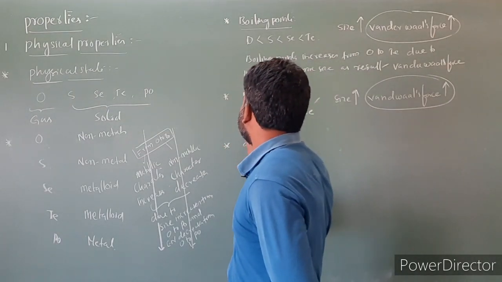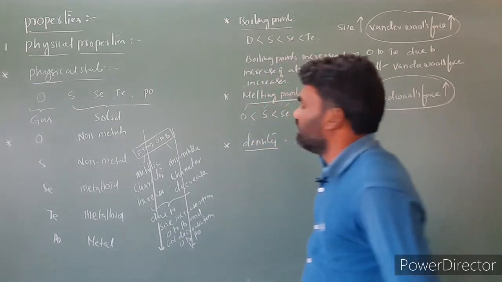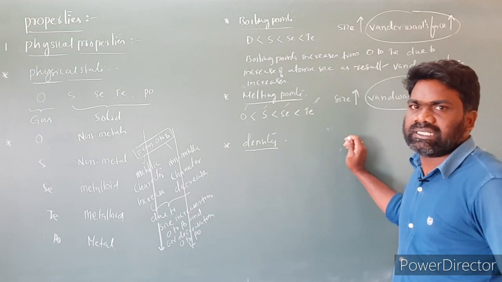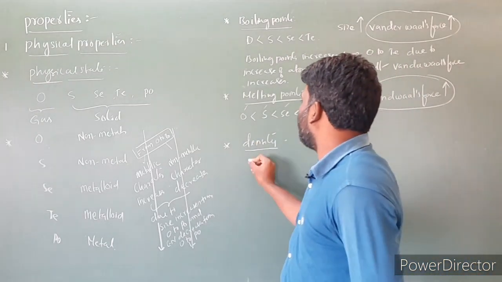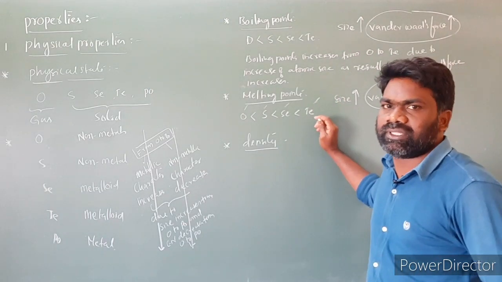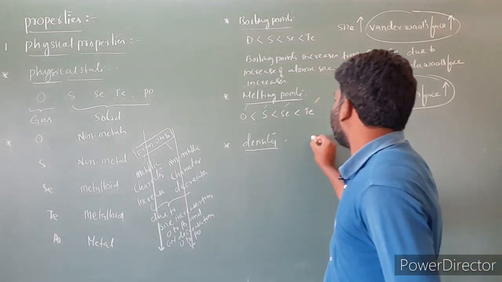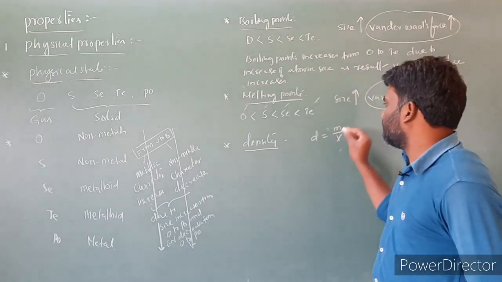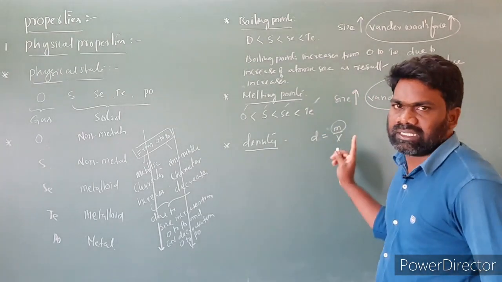Next one is density. Density depends upon the atomic mass. Atomic mass increases, density increases. So from oxygen to polonium, the densities increase because of increasing atomic mass. You already know the formula, D is equal to m by v, so density is directly proportional to the mass of that element.